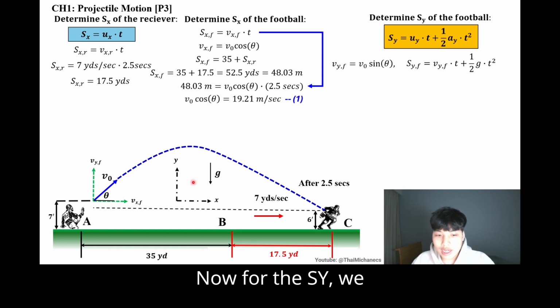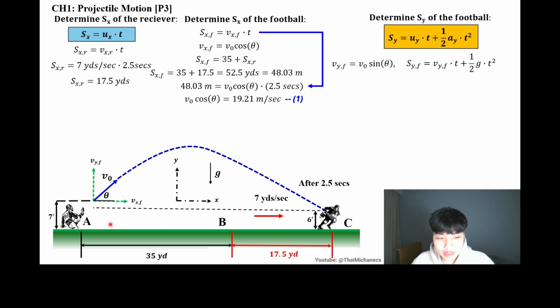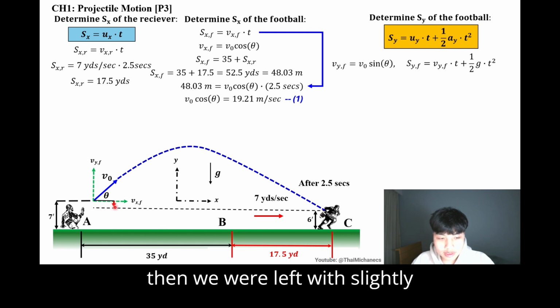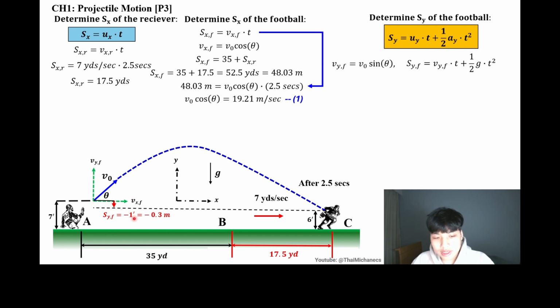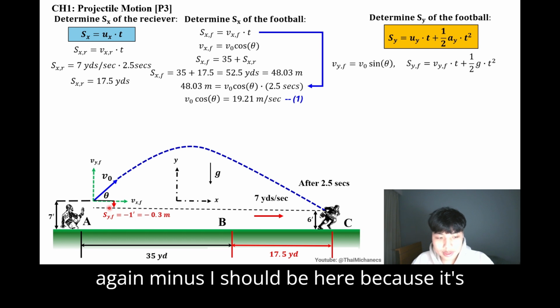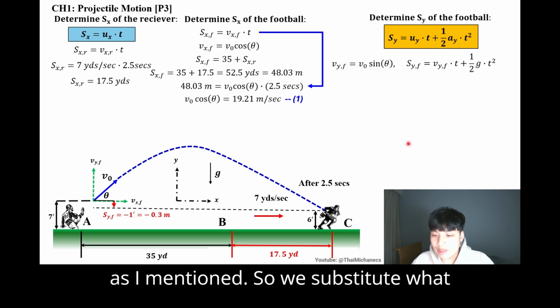For the sy, we draw a line from point C where the ball was received. Then we are left with a position slightly lower than the initial location, which is minus 1 foot. In metric SI units that will be 0.3 meters, and again a minus sign should be here because it goes in the opposite direction to the positive y, as I mentioned.